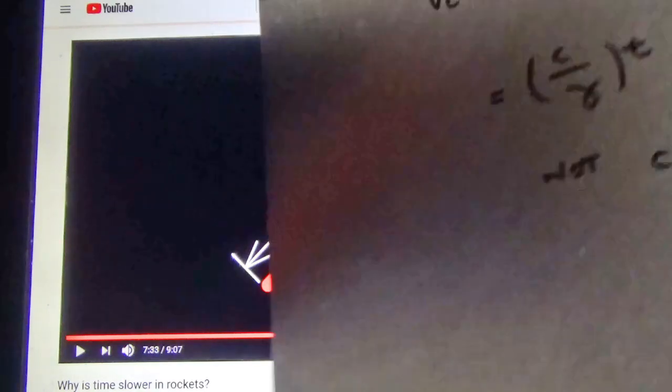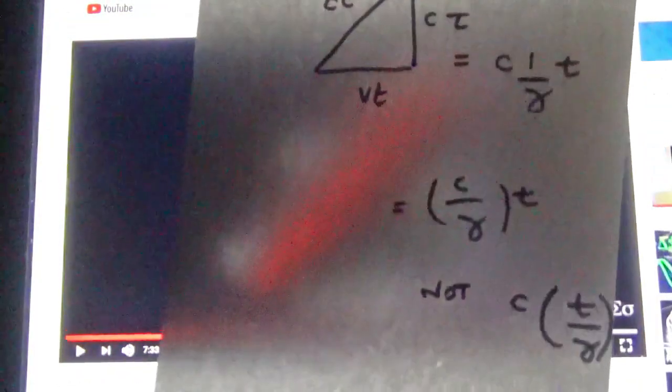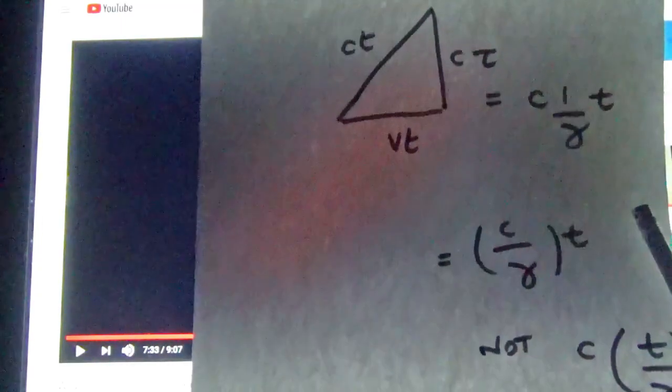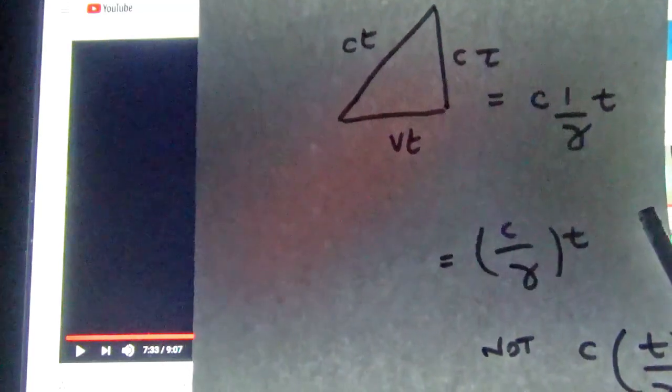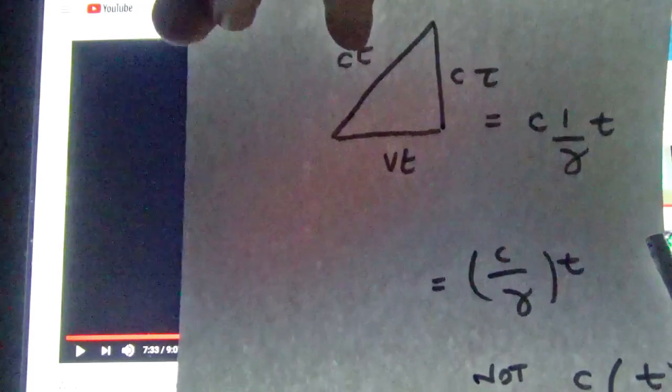Put it up on here, just the way I've drawn it. You've got CT on that side, VT there, and C tau there. Okay.